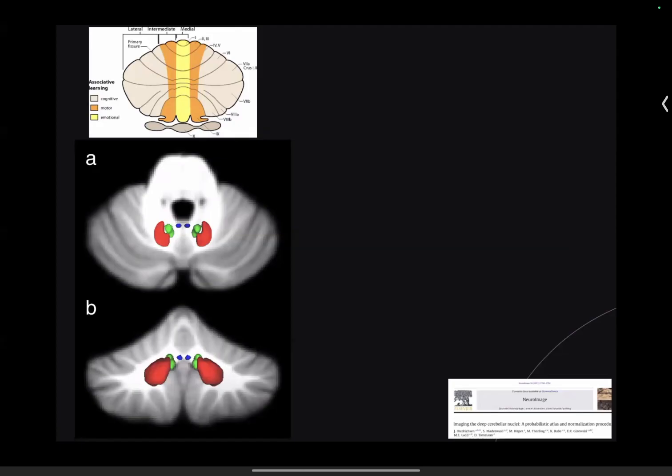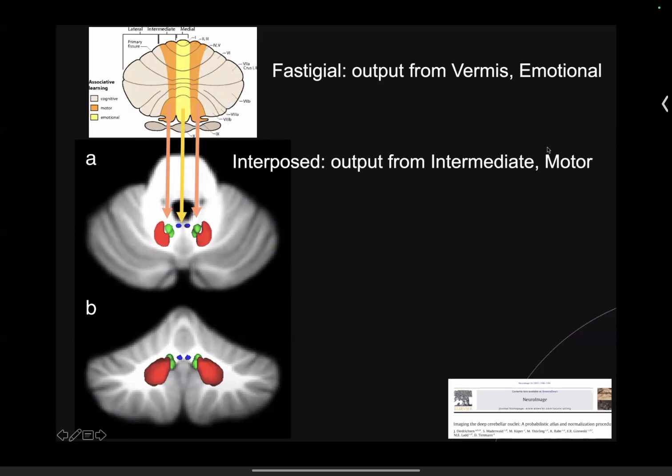How are these connected, and how are these involved in the different functions of the cerebellum? Again, more midline structures, they are more motor, more emotional, and then motor and cognitive, and that's how it is. So use fastigial, which is the closest to the midline. The small nucleus gets output from the vermis, and it's more involved with the more emotional component of your functions.